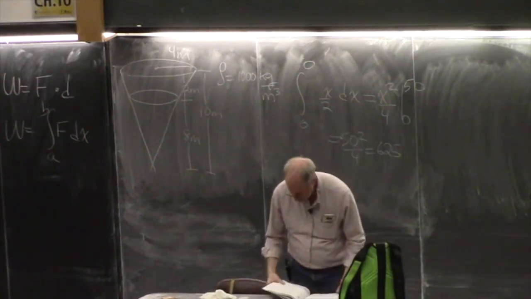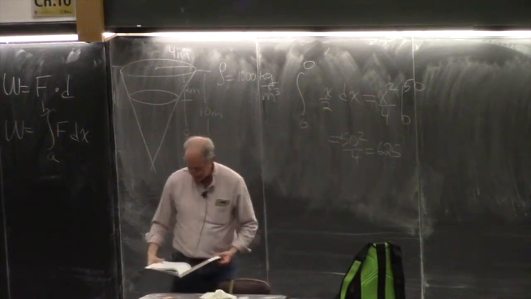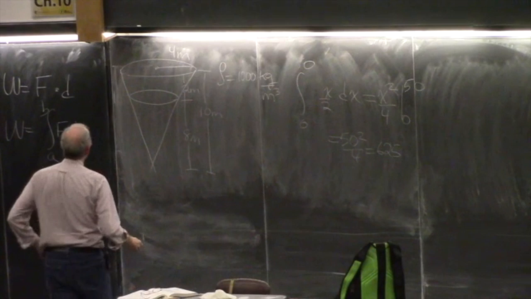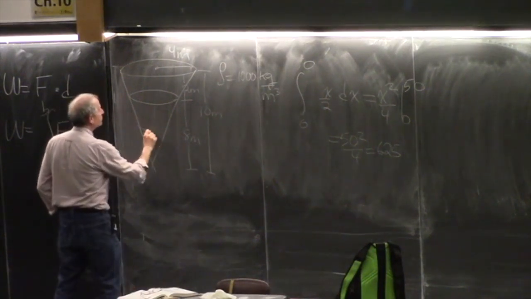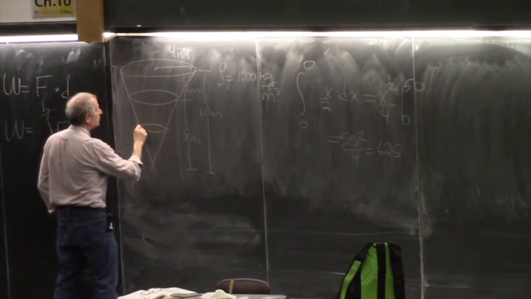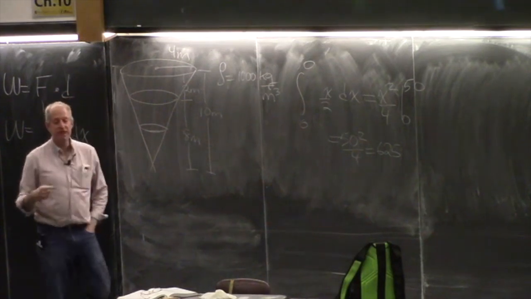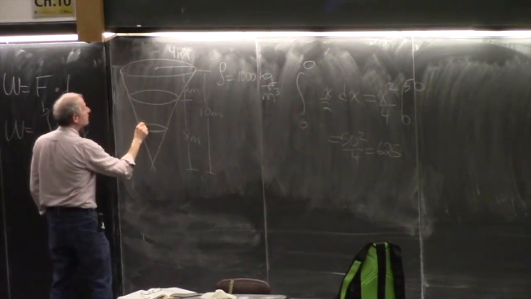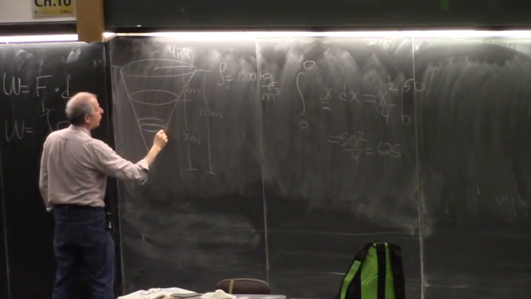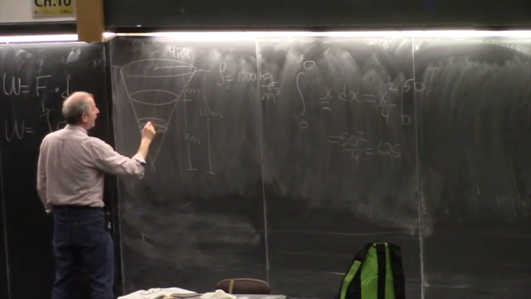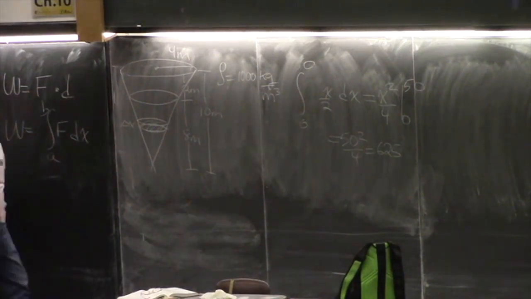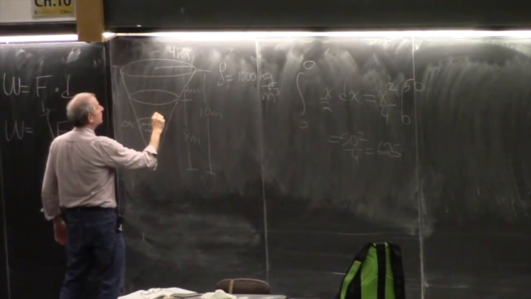Okay. So this is going to get a little messy, but you guys can do this. Imagine you have some spot of water right here, located at some depth x sub i. This is a very thin disk of water. How thin? Delta x thin. And the radius of this is r.